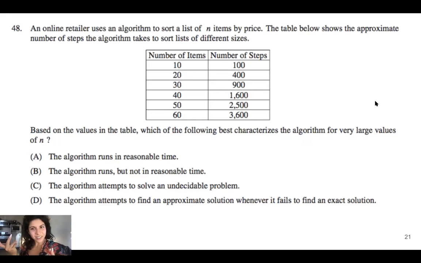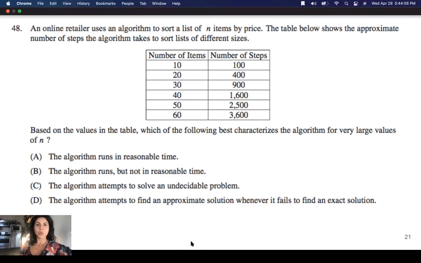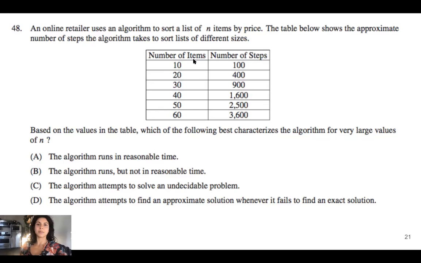Hey, this chart looks familiar. Okay, let's put what we've learned to use. An online retailer uses an algorithm to sort a list of n items, these are the number of items, by price. So it's a sorting algorithm. The table below shows the approximate number of steps the algorithm takes to sort lists of different sizes.